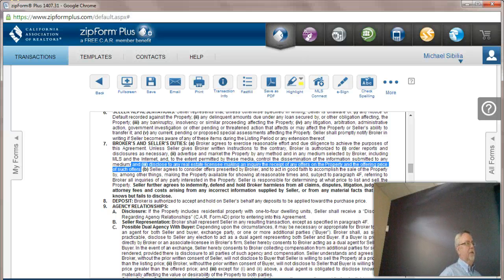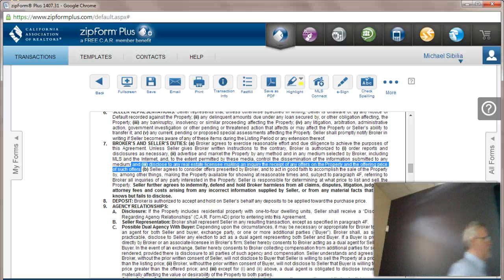Now I've had some people, when I point this clause out to them, say, when did they add this? I've been doing this class for a really long time. I don't remember. This isn't a new clause. It's just that many real estate agents have never actually read the listing agreement. What does it say?